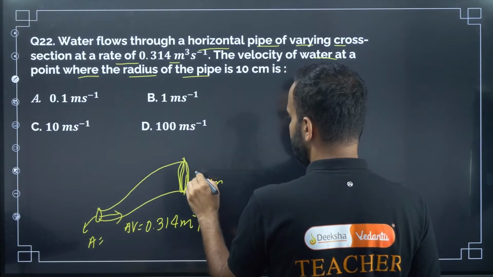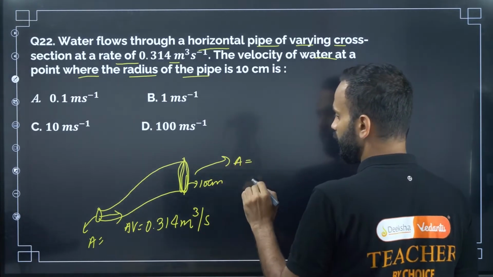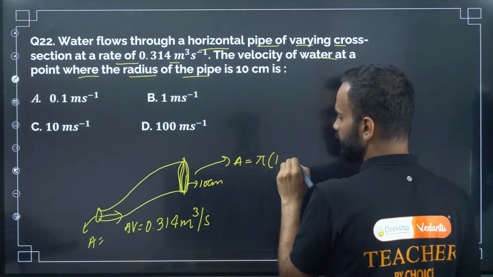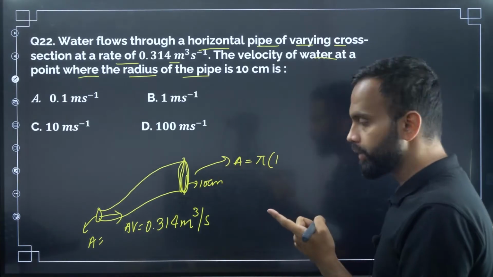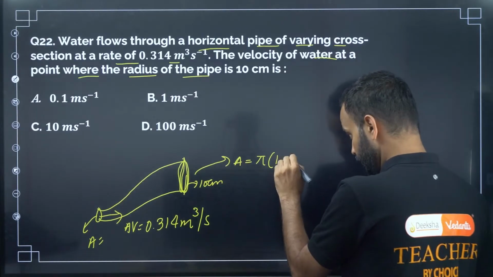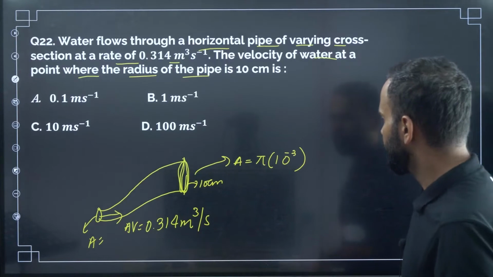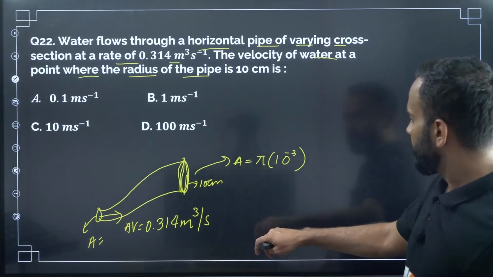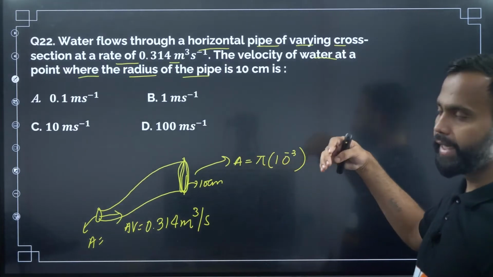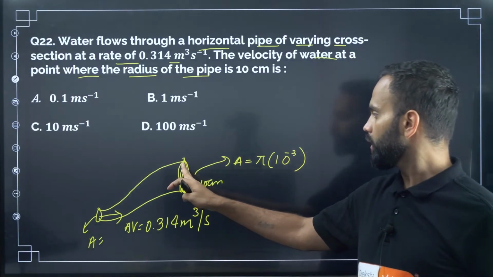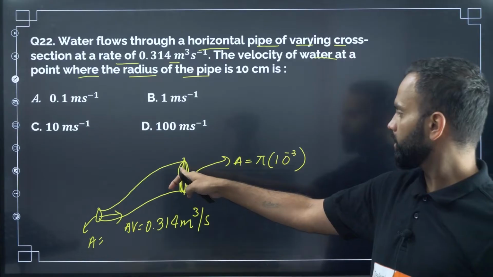So what about the area? Area will be pi r square, so pi into r square, that is 10 into 10 to the power minus 4. 10 into 10 to the power minus 4 is 10 to the power minus 3, that is 0.001. So we got the area of the cross section. We need to find the speed of the water flowing through this cross section.